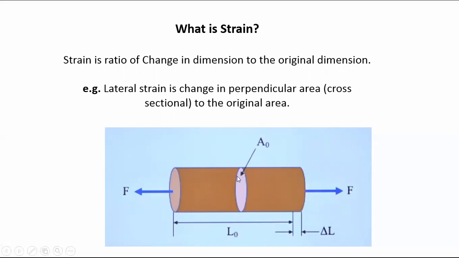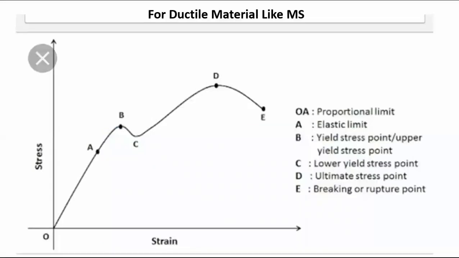Change in this cross-sectional area, which is perpendicular to this applied force, let us say that is delta A, and the original area we have given as A0. Then what will be the lateral strain? Delta A divided by A. Similarly, longitudinal strain and volumetric strain, which we have seen in previous slides.